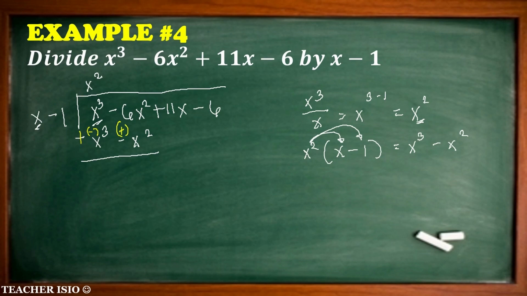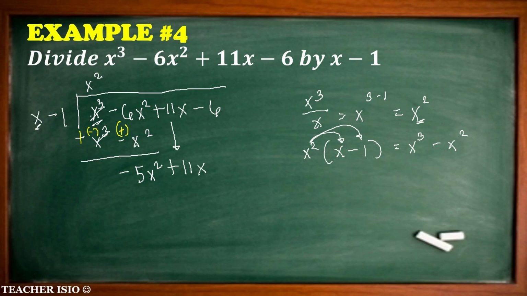What is negative 6x squared? Negative 6x squared plus positive x squared, so we have negative 5x squared. And then, x cubed plus negative x cubed, 0 na yan. So, hindi na kailangan isulat. Next, bring down the next term, which is 11x. So, we have plus 11x.